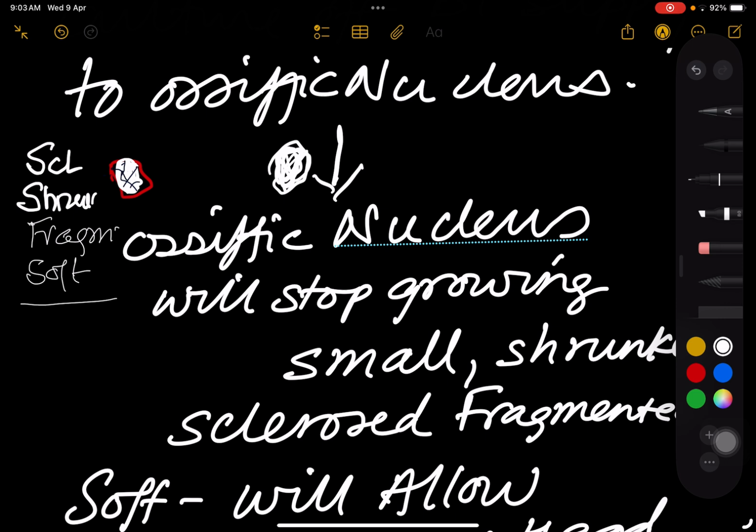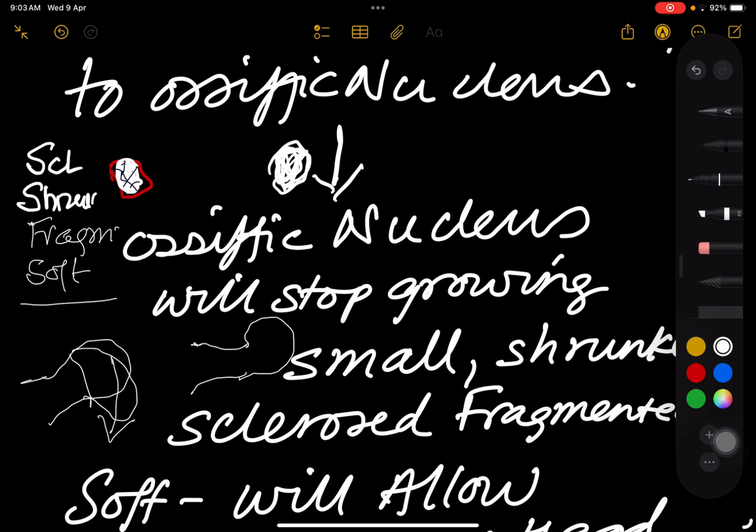Then, if it is soft, this nucleus may go down, it will become flattened like this, and if you see it from the superior view, it may go back. So if it goes down, there will be an adduction deformity, and if it goes back, there will be an external rotation deformity.